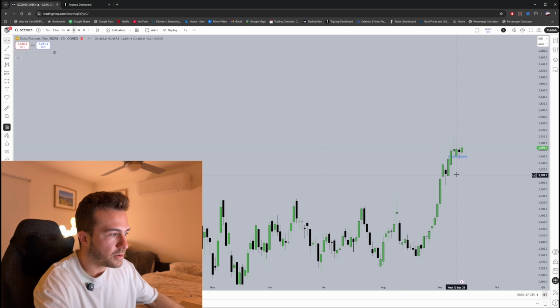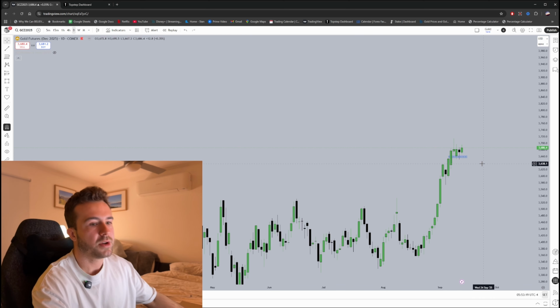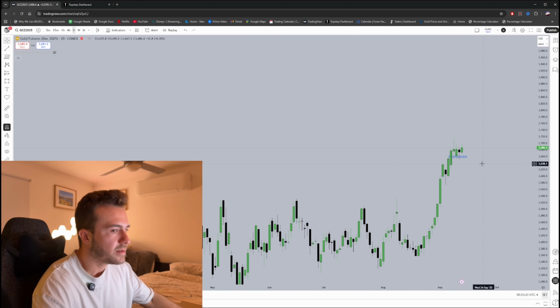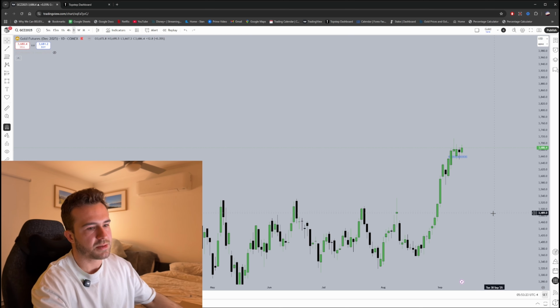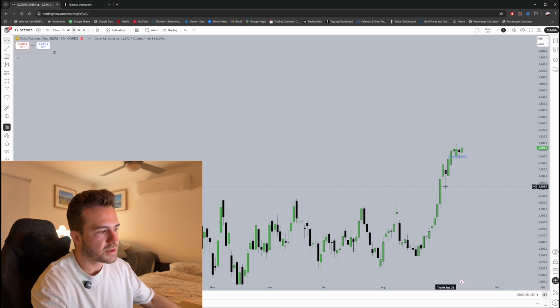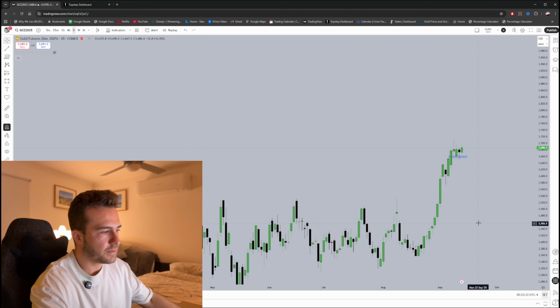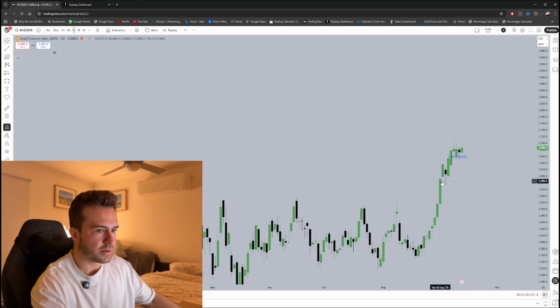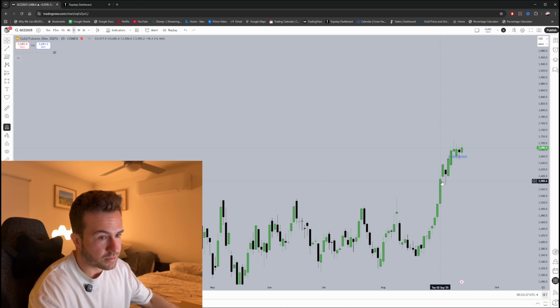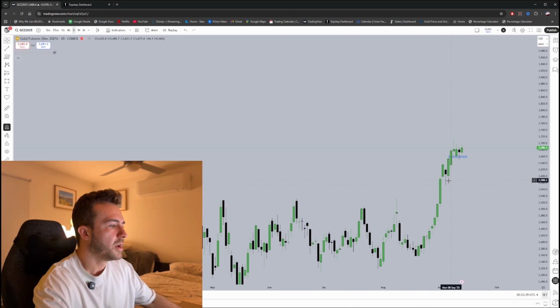If we were to get below this daily fair value gap, treat it as inversion on the daily chart, then I would potentially be bearish and look for this intermediate term low here and this open inefficient section of price action to be rebalanced, okay? Because that's how the algorithm moves the market, if you believe in that sort of thing.